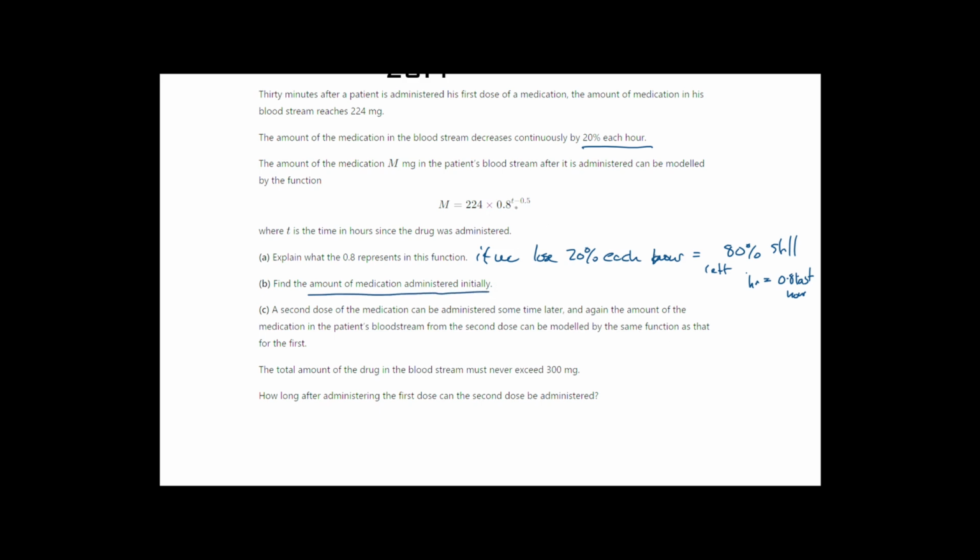Well, I guess this is after, so it's 224 after the first 30 minutes. There we go, 30 minutes. So we would set t equal to 0 and solve. Okay, so the amount where time equals 0 is going to be 224 times 0.8 to the power of 0 minus 0.5.